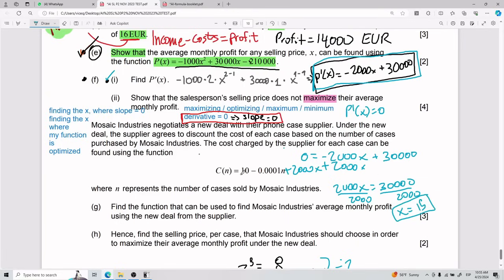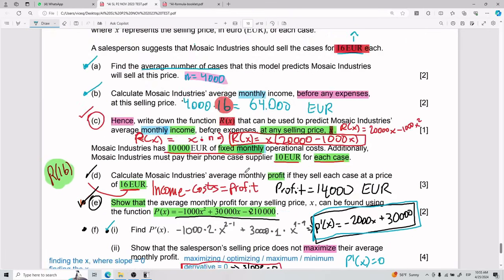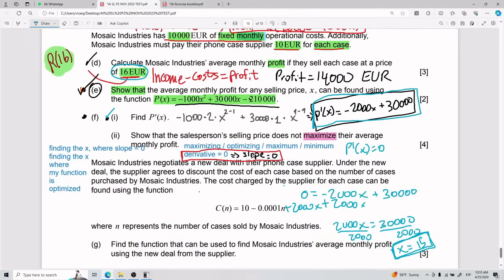And so here we are showing that the salesperson's selling price does not maximize their average monthly profit, because to maximize their average monthly profit, it is exactly at x equals 15, and over here they are selling at 16. And you might be thinking, wouldn't a better price be more expensive because then you earn more?